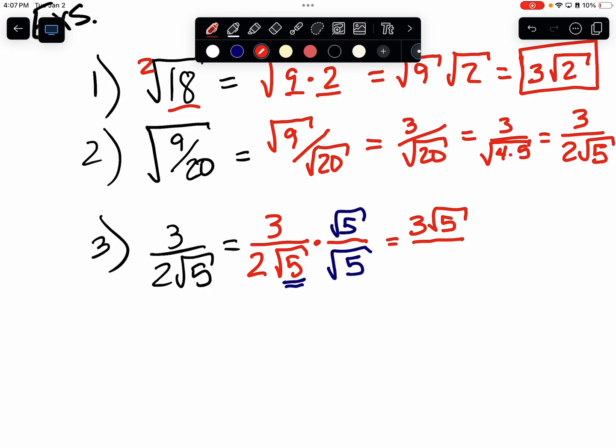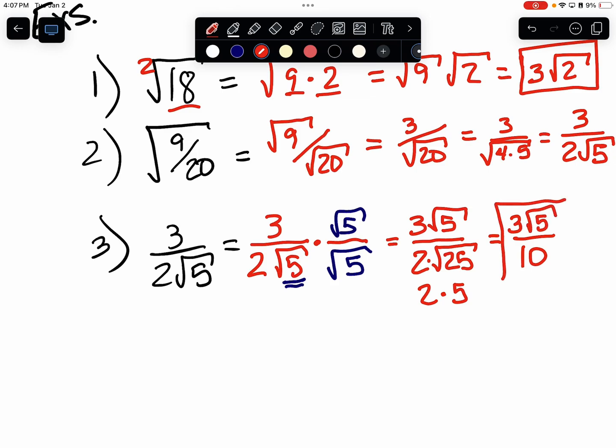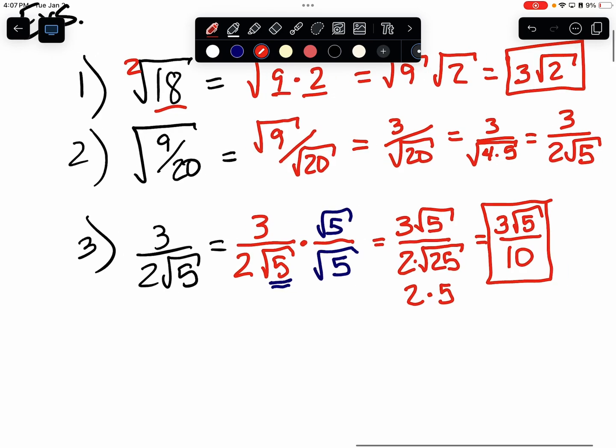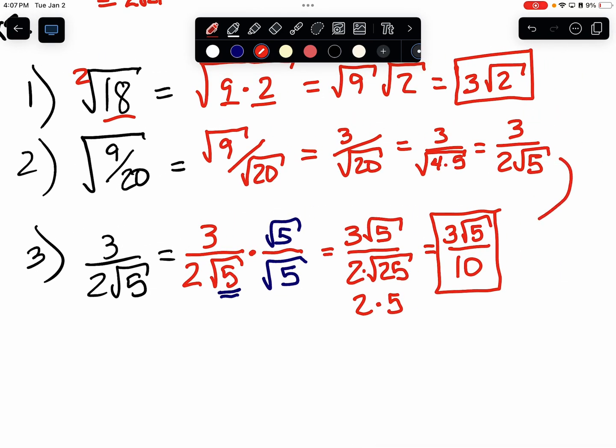That's okay, 3 times radical 5. On the bottom, notice we have 2 times radical 5 times radical 5. I join those 2 radicals together, we get radical 25. But that's nothing but 5, right? So in my denominator, I have 2 times 5, which is 10. So I have now cleaned up my problem by cleaning up that radical in the denominator. And I get 3 radical 5 over 10.